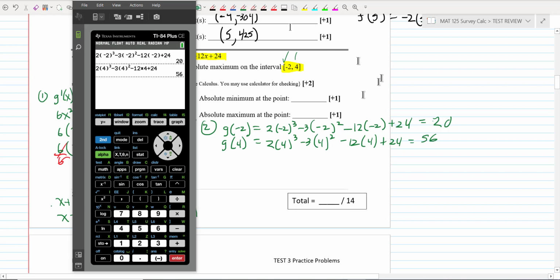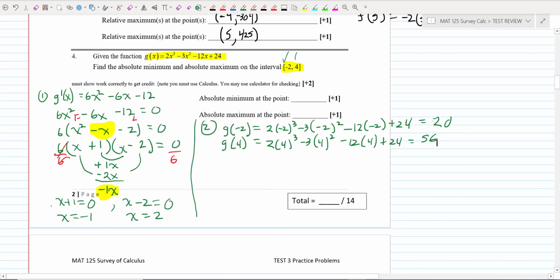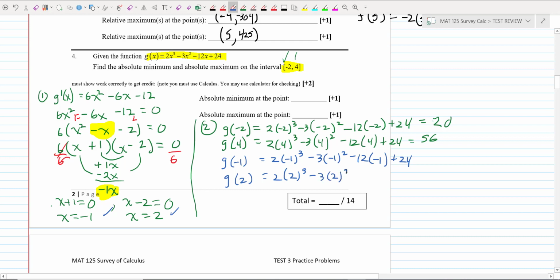Now we also have to evaluate the critical numbers, because the absolute max and min could be at the critical numbers, so we're going to do g of -1: 2 times -1 to the third, minus 3 times -1 to the second, minus 12 times -1, plus 24. And then we need to do g of 2: 2 times 2 to the third, minus 3 times 2 to the second, minus 12 times 2, and then plus 24.